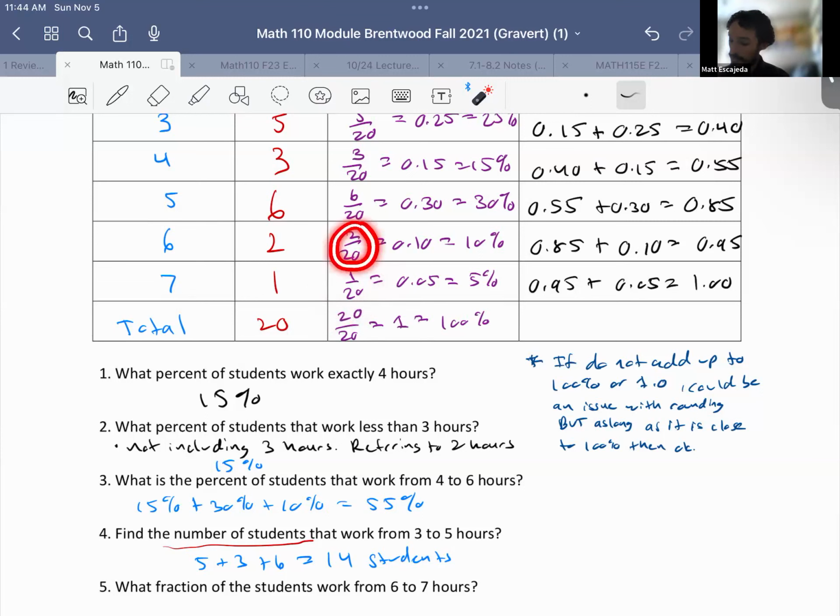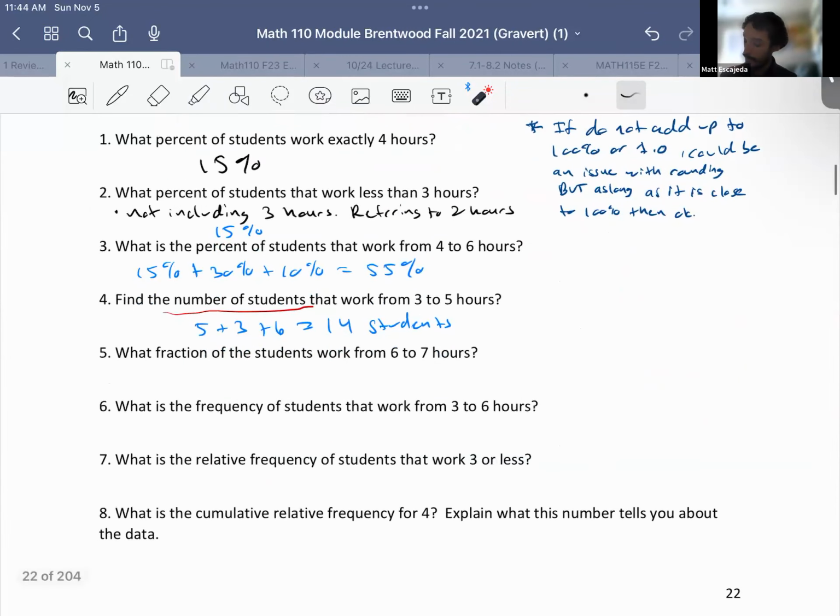So what we would do is just add up 2 over 20 plus 1 over 20, which is 3 over 20. Okay, remember when you add fractions, you always just add the numerators when you have a common denominator. Meaning the common on the bottom, you can just add the tops.